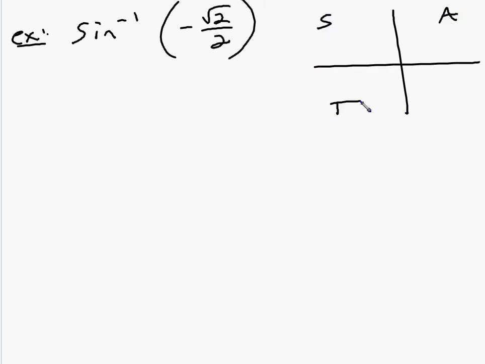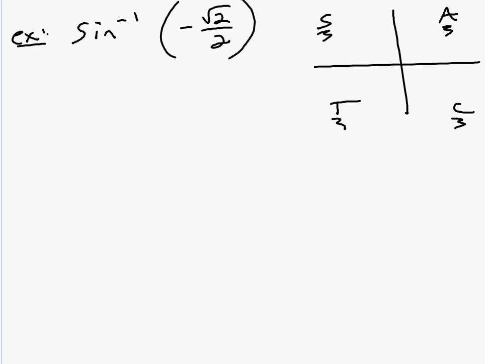All scholars take calculus. That is the rule that tells me where the functions are positive. Which functions are positive where? They all are in the first quadrant, sine and its brother, tangent and its brother, cosine and its brother. That's where those functions are positive.